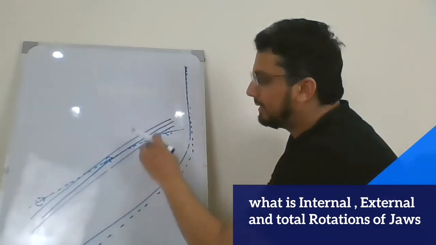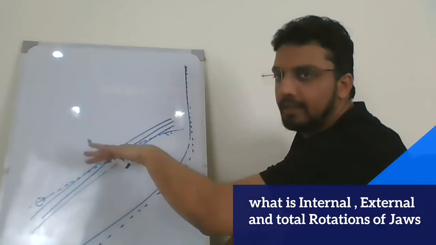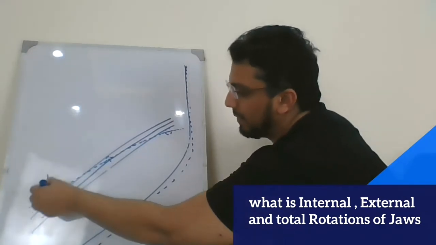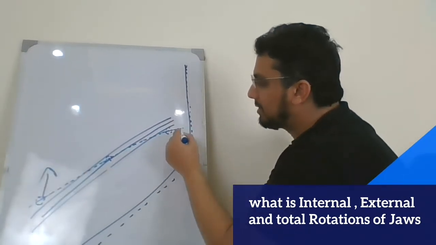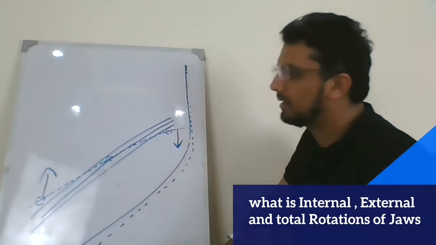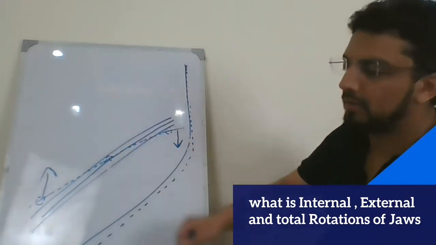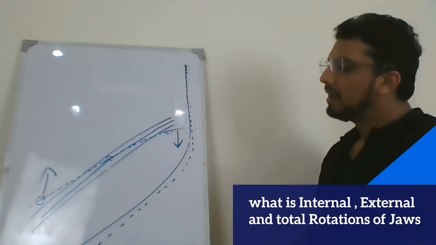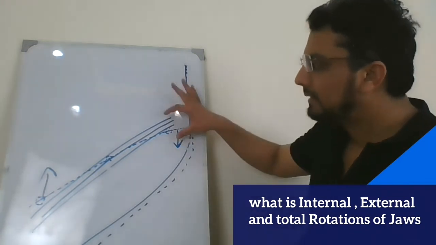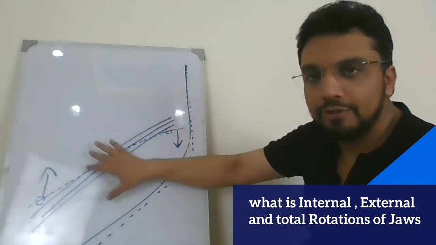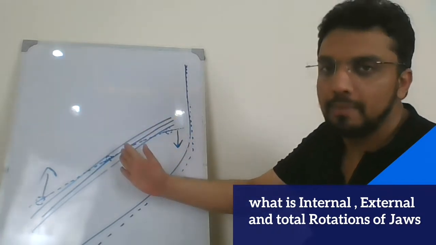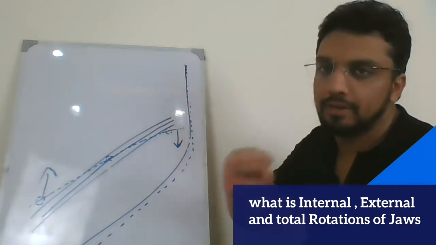It means that this change in the line is like, anteriorly this is moving upward and posteriorly this is moving downward, and it's moving in a counterclockwise rotation. So this change and this rotation within the core of the mandible is called internal rotation.